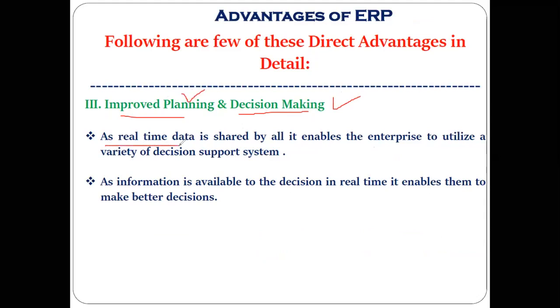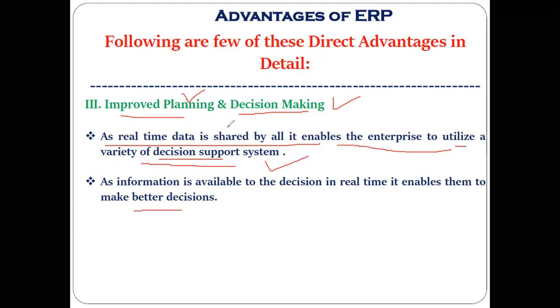As you can see, real time data is shared by all the different functional departments which are linked together because of the ERP. Because of that, it becomes possible for different enterprises or businesses to make a variety of decisions and to utilize a variety of decision support systems and to make better and faster decisions.